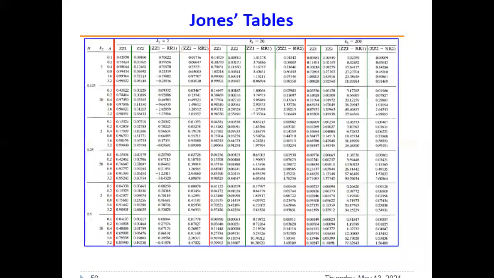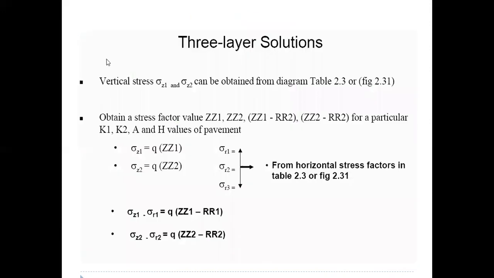This is a Jones table in which you know H, you know K2, you know A, and you can simply plug in the values and you will find ZZ1, ZZ2, ZZ1 minus RR1, ZZ2 for different values of K1, K2, and A. But if your values are in between, then you have to interpolate linearly.